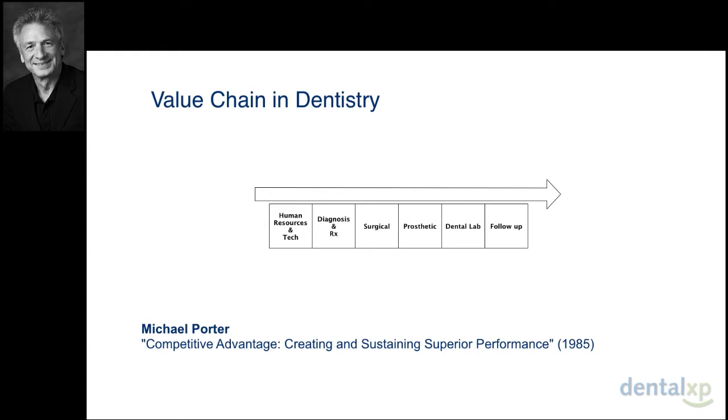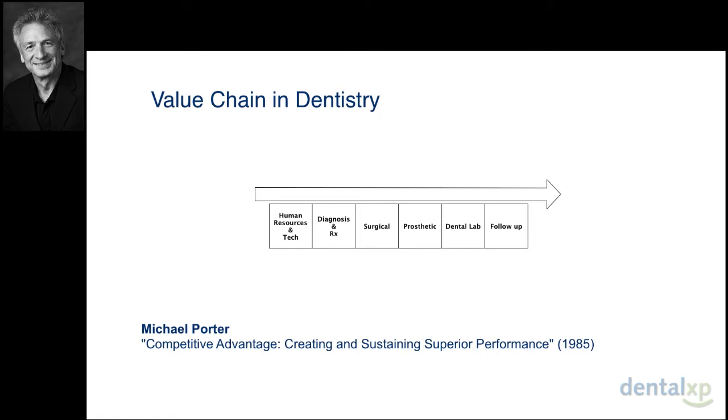Value chain is something that one of the gurus of Harvard Business School came up with, this discussion on competitive advantage, creating and sustaining superior performance, and it was particularly suited for a global economy. This was back in 1985.